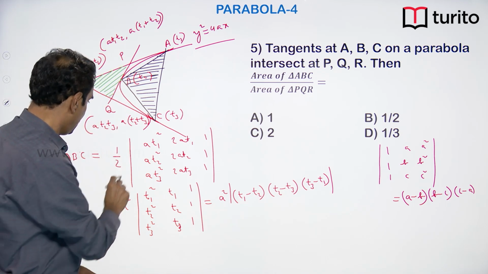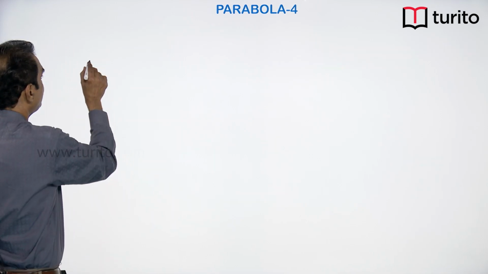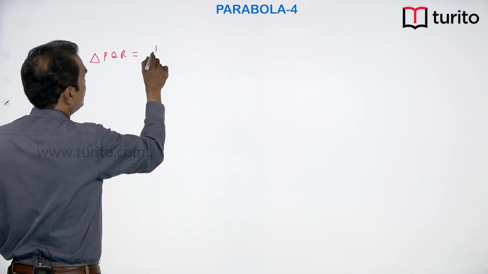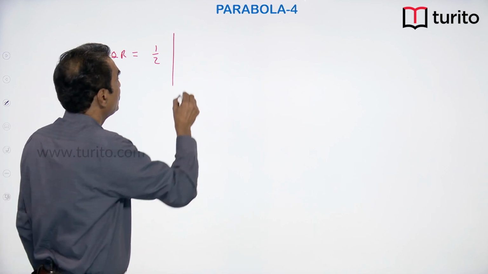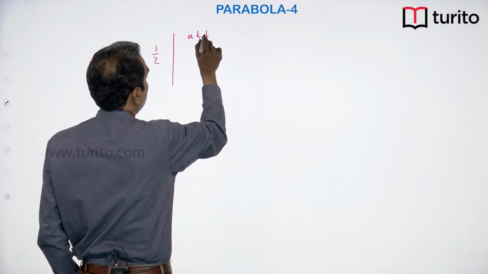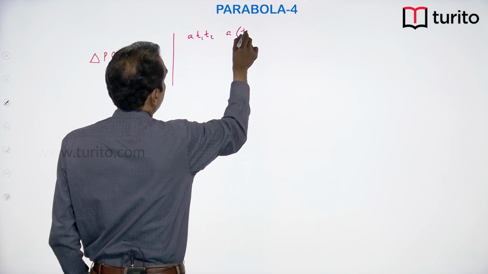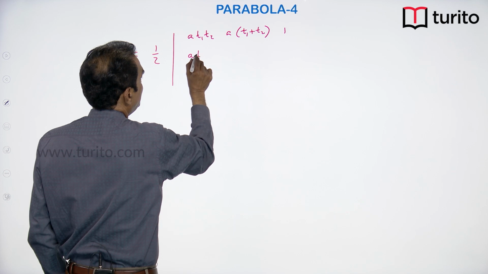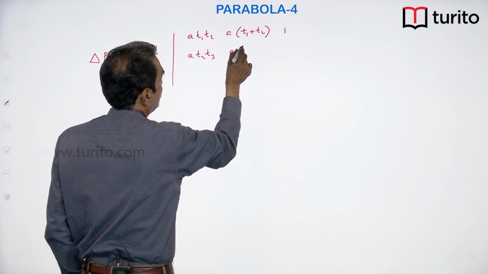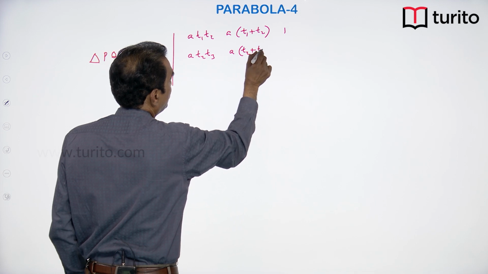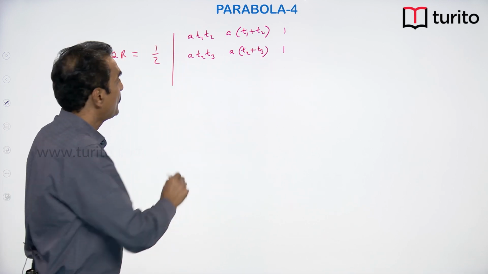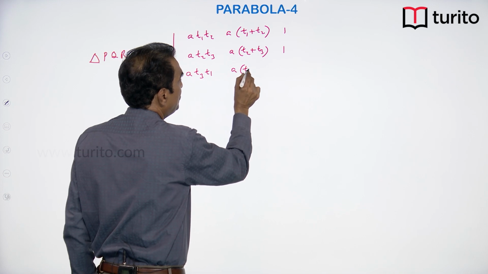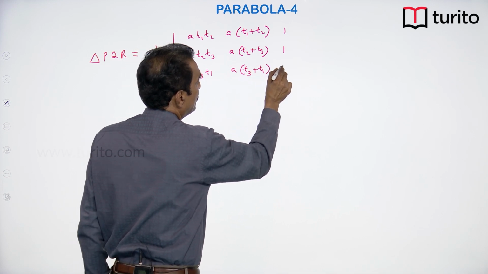Now, I will take the area in the same form: half into the determinant of the coordinates. The area of the triangle PQR is half the determinant of A t1 t2, A into t1 plus t2, 1; A t2 t3, A into t2 plus t3, 1; and the third row A t3 t1, A into t3 plus t1, 1.